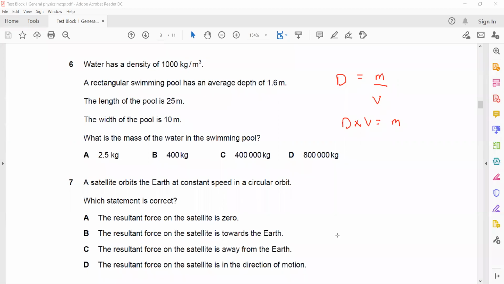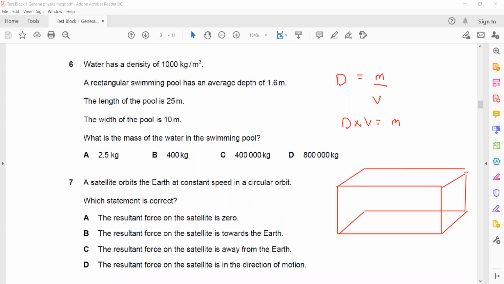What will be the volume of this whole rectangle? Because a rectangular swimming pool is there, we have its length, we have the width, and we have the depth also, like how much water is there inside.